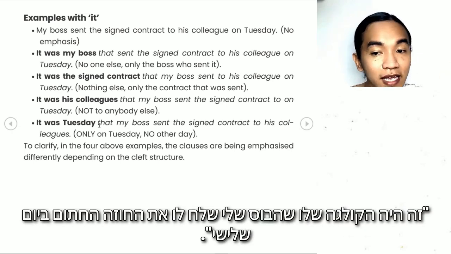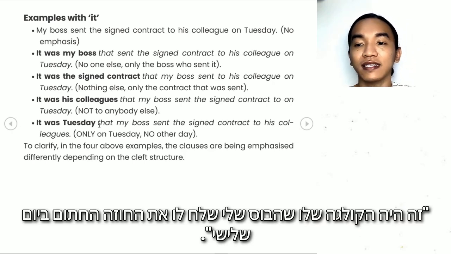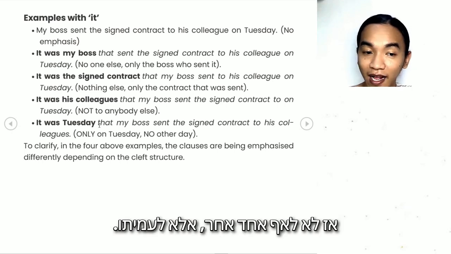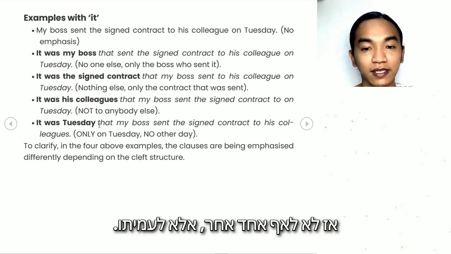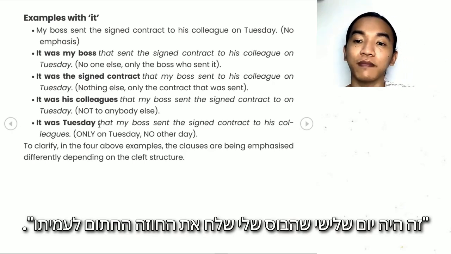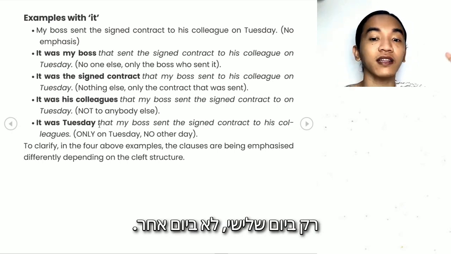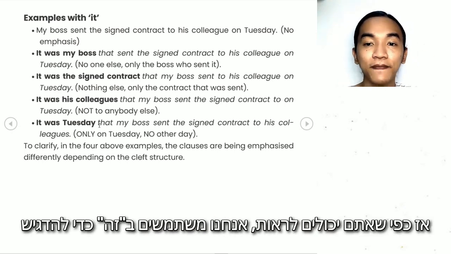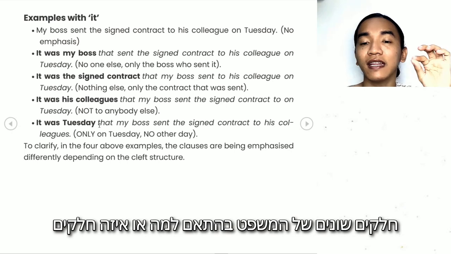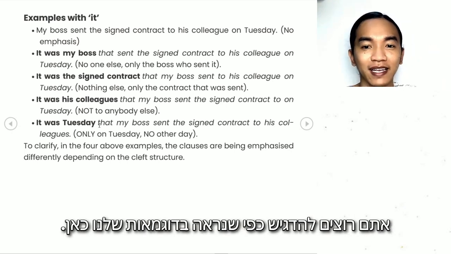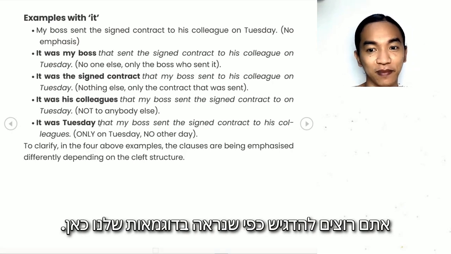It was his colleague that my boss sent the signed contract to on Tuesday. So not to anyone else, but to his colleague. It was Tuesday that my boss sent the signed contract to his colleague. Only on Tuesday, not the other day. So as you can see, we are using it to emphasize different parts of the sentence depending on which one you want to emphasize as given in our examples here.